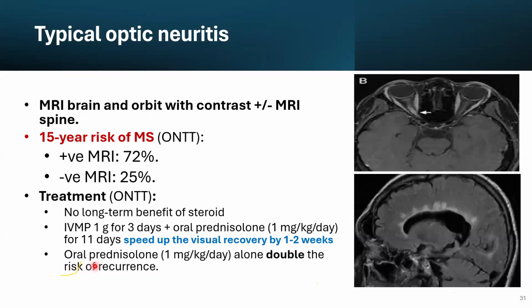However, if you give oral prednisone alone, 1 milligram per kg, a lower dose than the 1000 milligram, this will double the risk of recurrence. So in general, if you want to give steroid for a patient with optic neuritis, give a high dose of steroid.